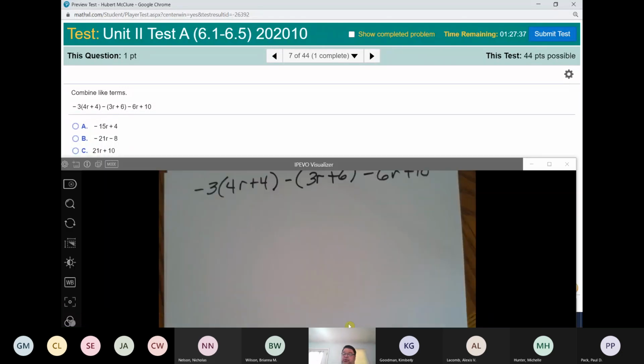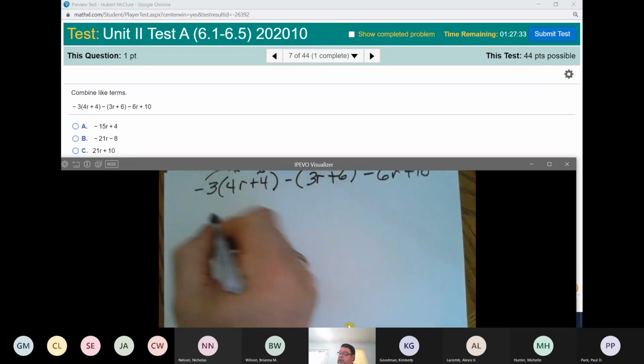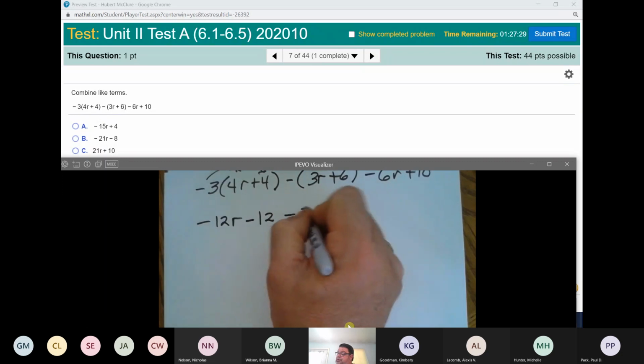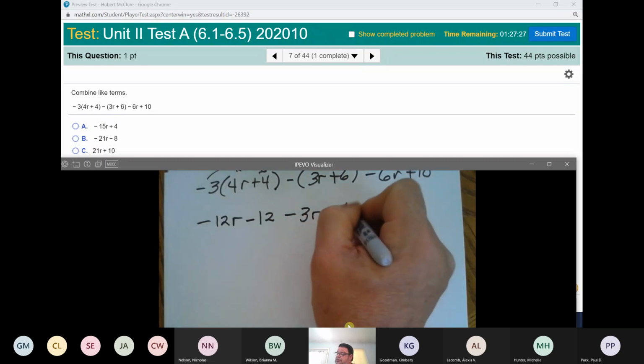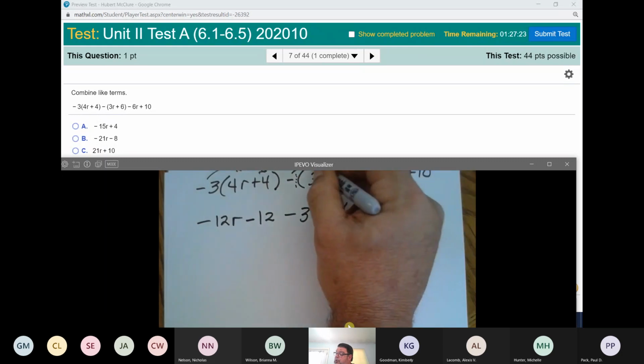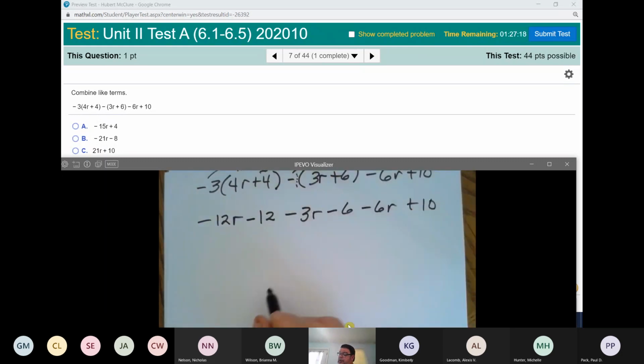The first thing you're going to do is distribute: negative 12r minus 12 minus 3r minus 6, that's a negative 1, minus 6r plus 10.